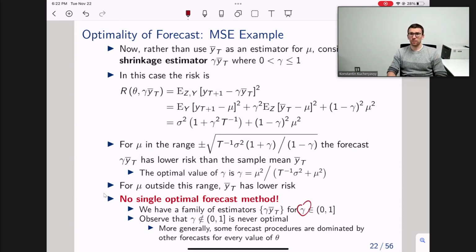An error band of like, I don't know, if you're forecasting inflation and you say that actually with 90% probability, inflation can be 5 times higher than I predict, then that tells you something about your forecast.